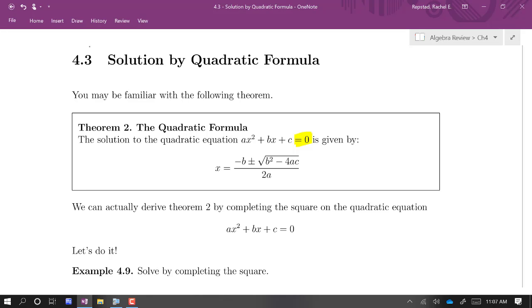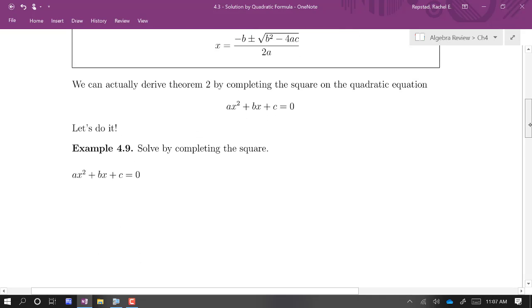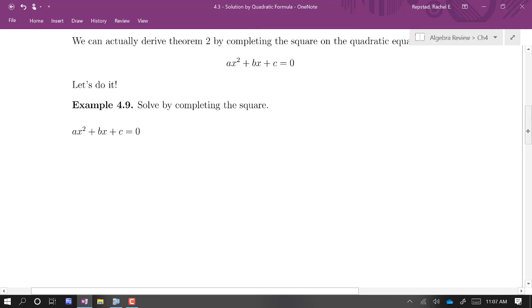So we're going to derive this formula by completing the square, and then we'll do a little practice using the formula. So here's our quadratic equation: ax squared plus bx plus c equals 0. We're going to begin by subtracting c from both sides.